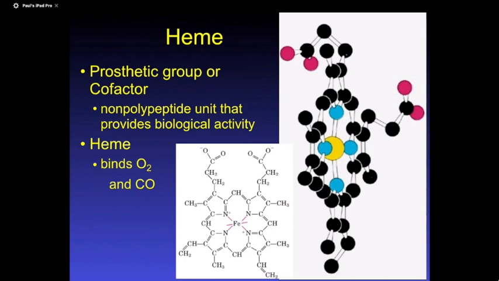Okay, which one does heme want to bind to more? Carbon monoxide. Heme by itself in a solution will bind carbon monoxide like I believe 10,000 times better than oxygen. Okay? That's not necessarily good for us. Okay? But it doesn't do that in the protein itself. So it can bind oxygen, but it really, really wants to bind carbon monoxide.